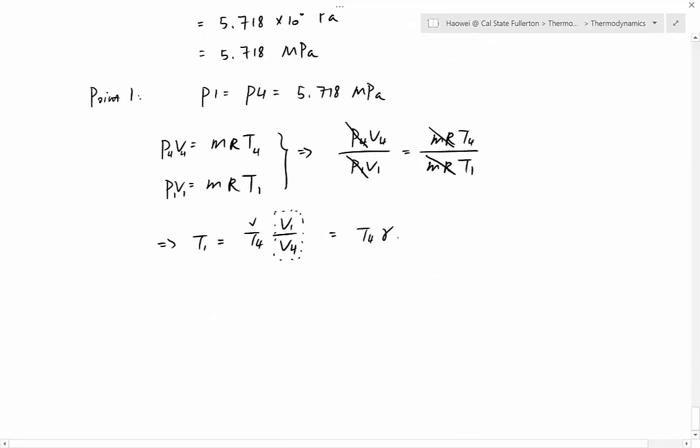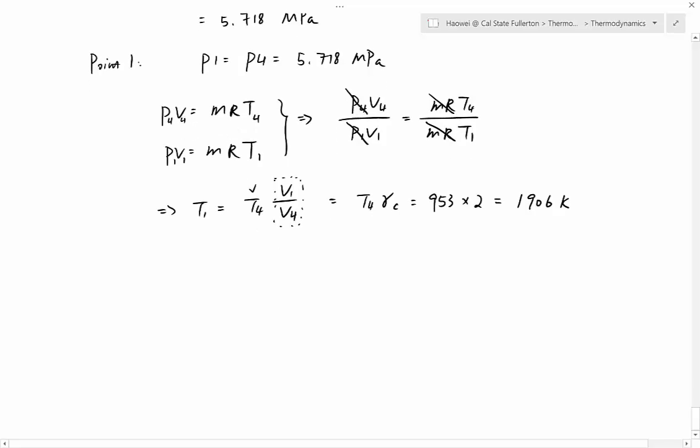T4 times gamma C. T4 is 953 Kelvin and gamma C is 2, so the solution for T1 is 1906 Kelvin.